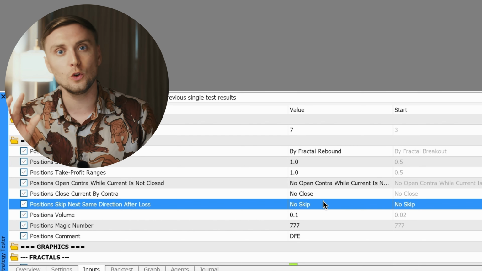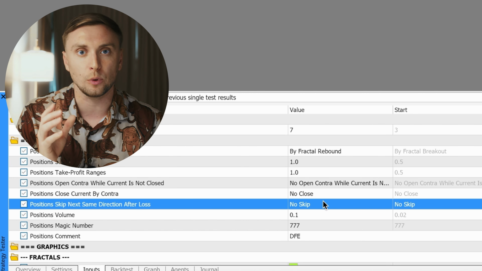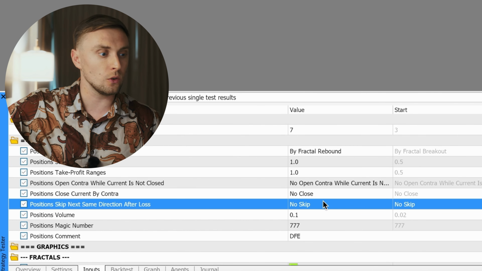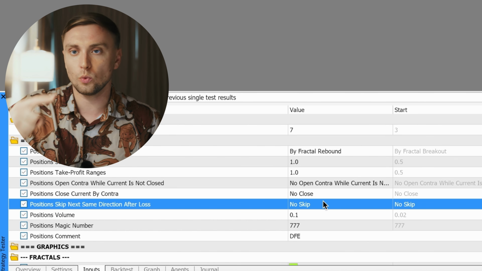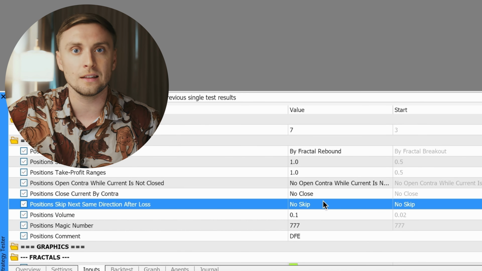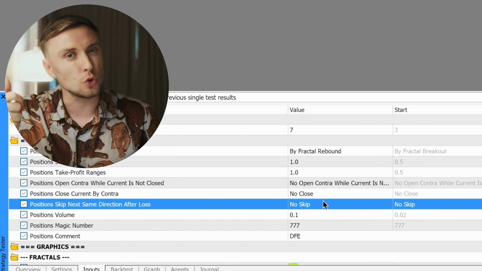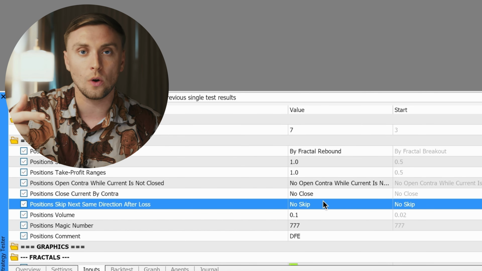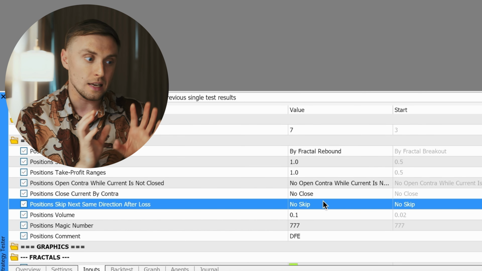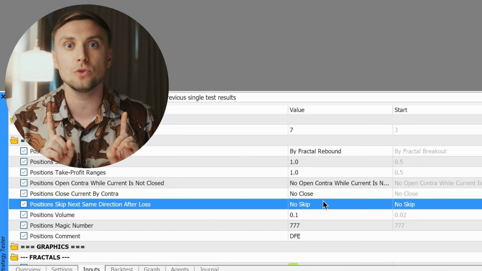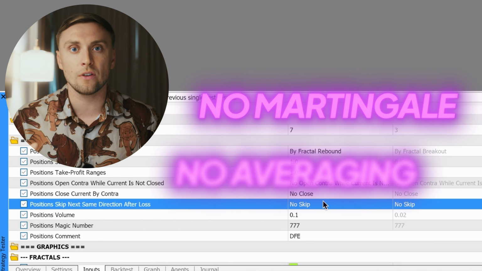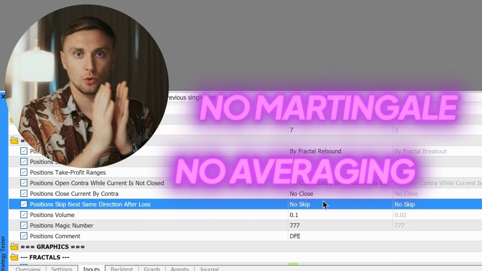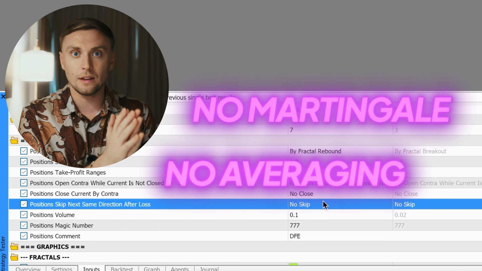Should we open a new one or not? Or, if we're trading the rebound and we have a long trend, should we open a sell every time and get the stop loss, or is it better to skip that position and just open the opposite one? These are small things, but the most important: never use martingale and never use averaging at all. Everything is supposed to be with a fixed lot.